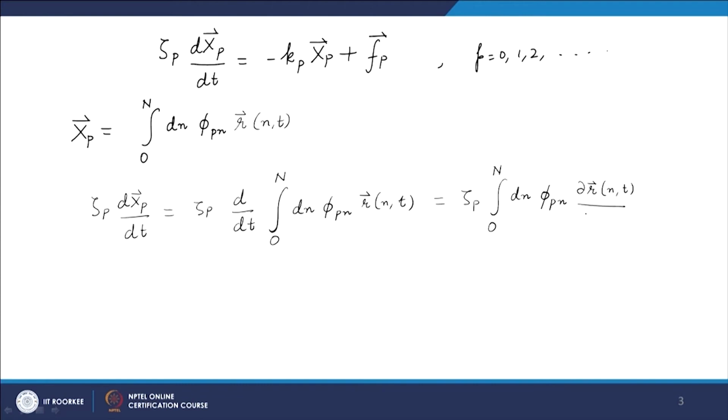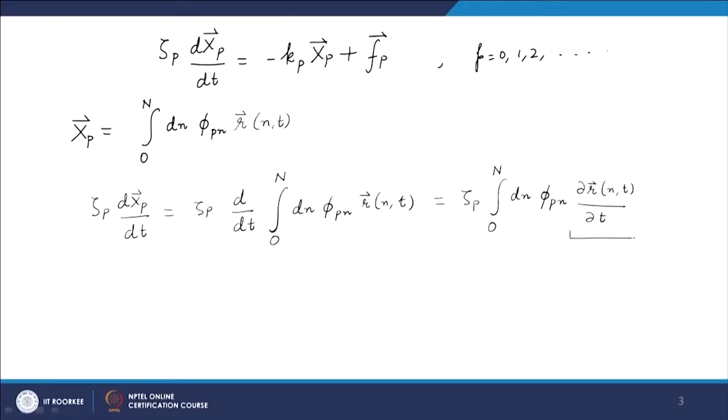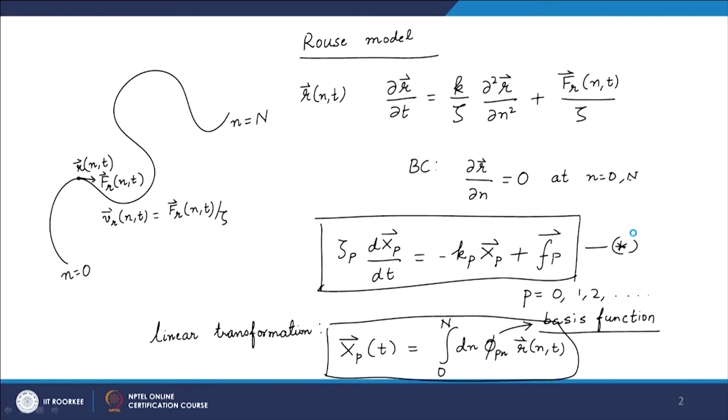we have to be slightly careful here, because outside it is the total derivative d by dt, when it is moved inside, then since r is a function of both n and t, I have moved to partial derivative dou by dou t. But this we already know from the original equation, this is equal to the term we have on the right hand side.